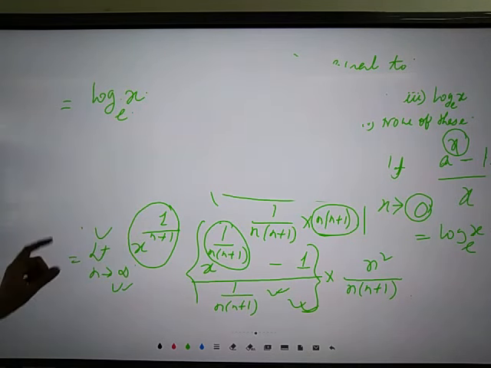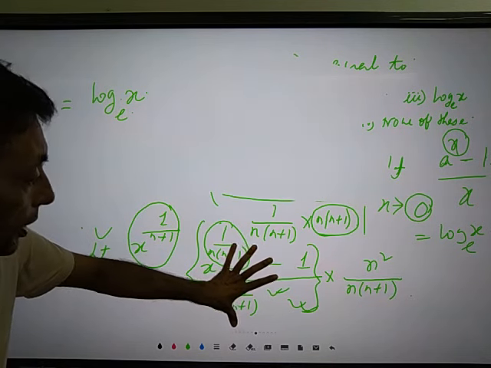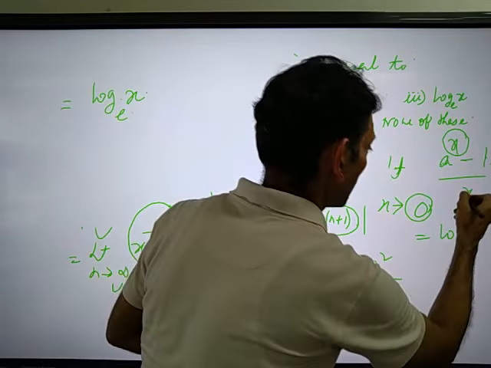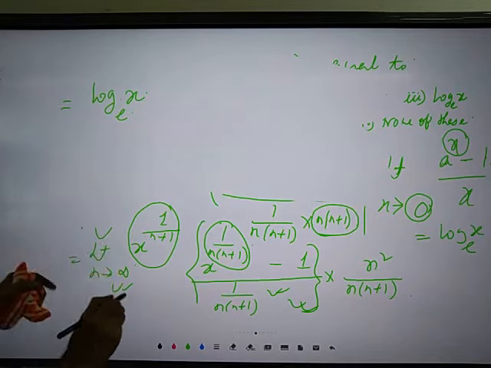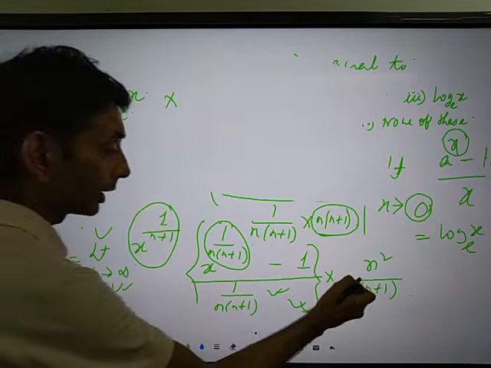This is 1, and limit n tend to infinity. So we are using this particular expression, limit x tends to 0, a to the power x minus 1 upon x is equal to log x to the base e. Okay, right. Now what is left out? Only left out is this n square.